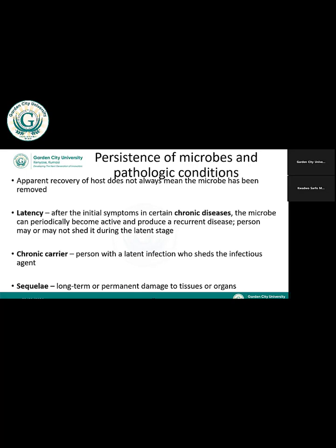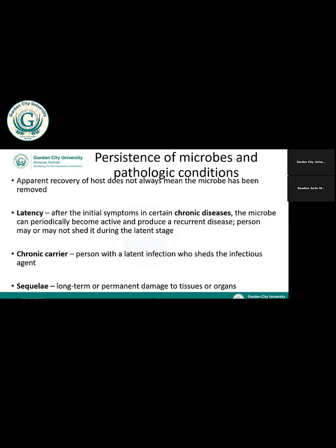Chronic carriers also have the latent infection, and these are capable of shedding into the environment. We can have long-term permanent damage to tissues or organs as a result of these latent or chronic infections.